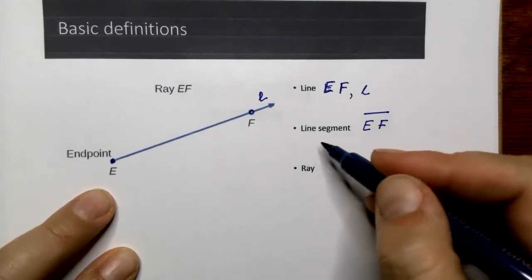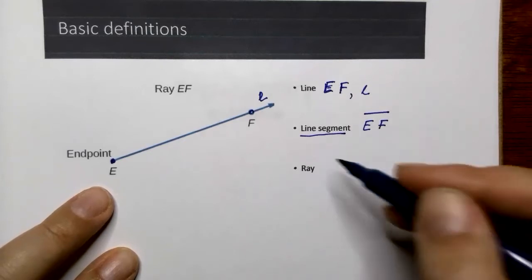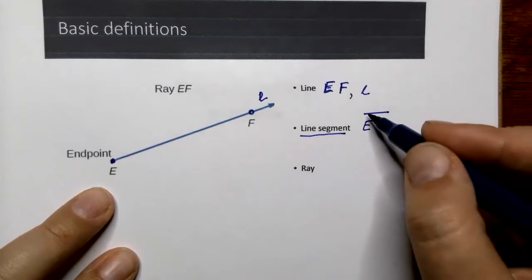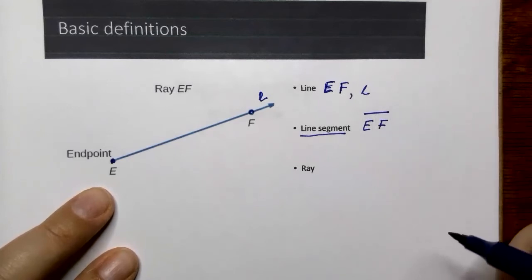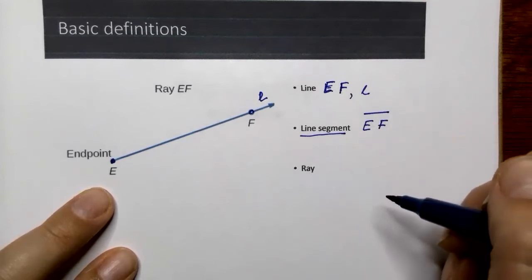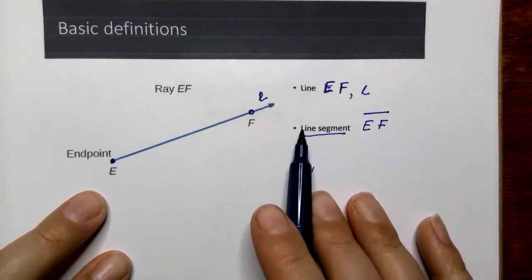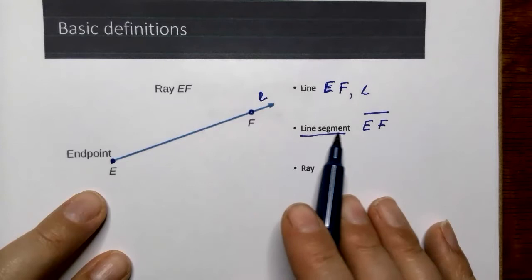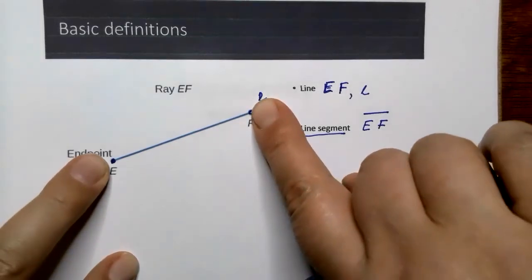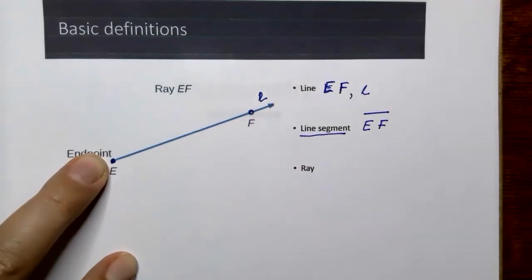Or we could just state that it's a line segment EF instead, because honestly this notation is also used for vectors, so it is not specific to line segments. The preferred way is just to state that this is line segment EF, and when we say that, we're just referring to this interval between these 2 points.